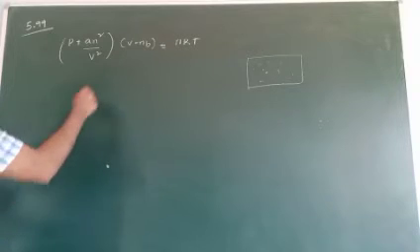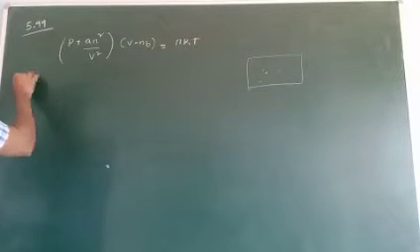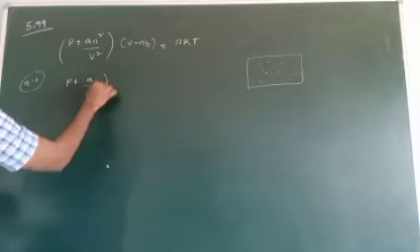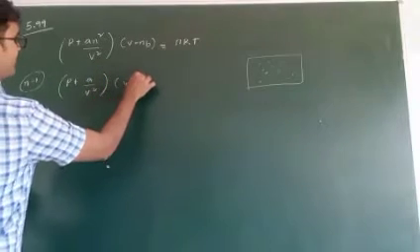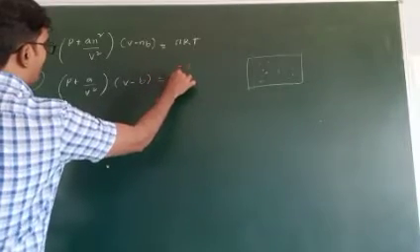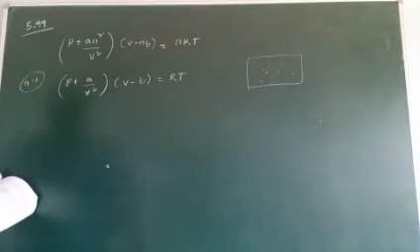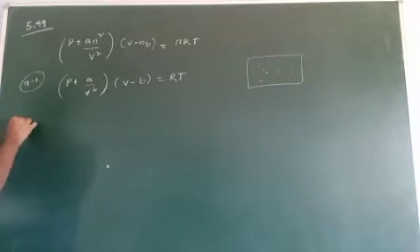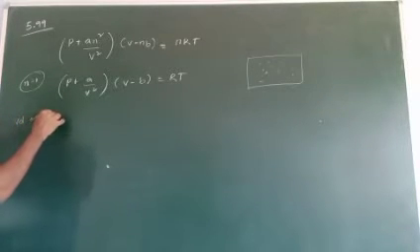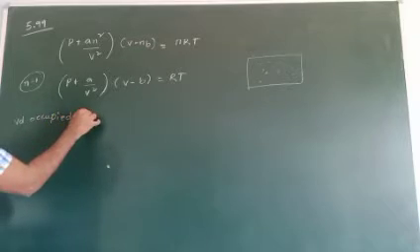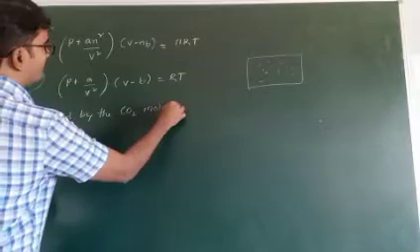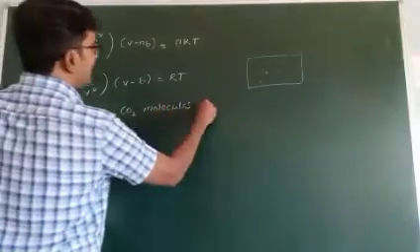So 1 mole is given, n is equal to 1. For 1 mole of gas, P plus a by V square into V minus b is equal to RT. Very clear. And the volume occupied by the CO2 molecules is negligible.